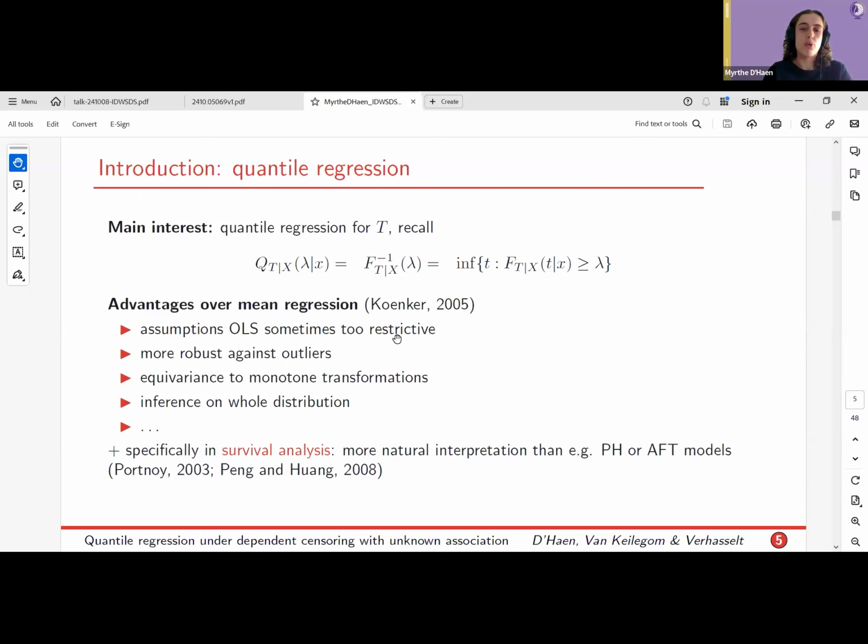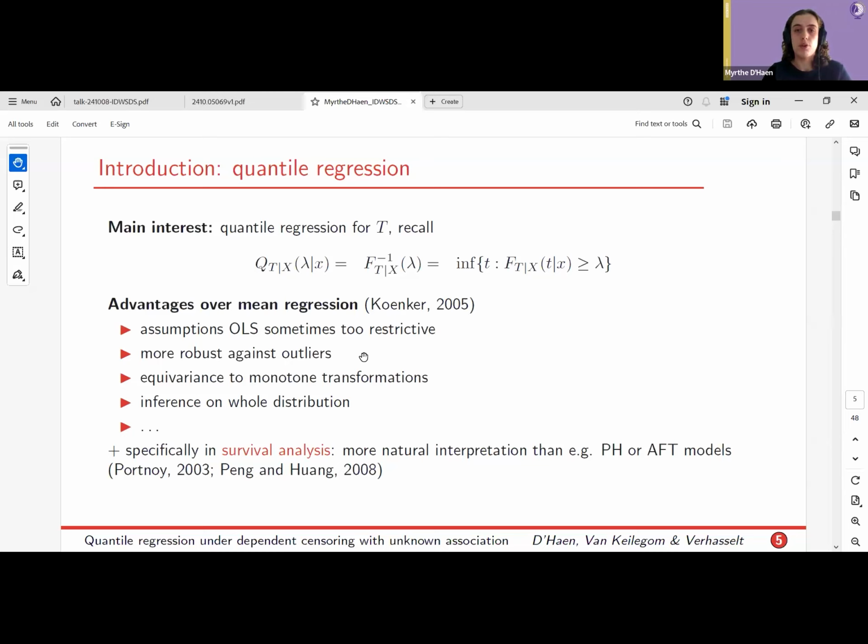Just to name a few, it's more robust against outliers. And as I said, you can do inference on the entire distribution. Now, specifically in the context of survival analysis, it has been argued that it has a more natural interpretation than, for instance, the proportional hazards or accelerated failure times.